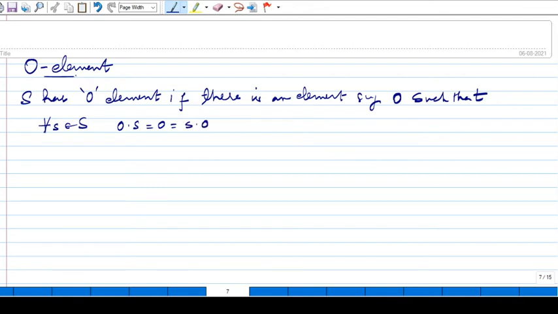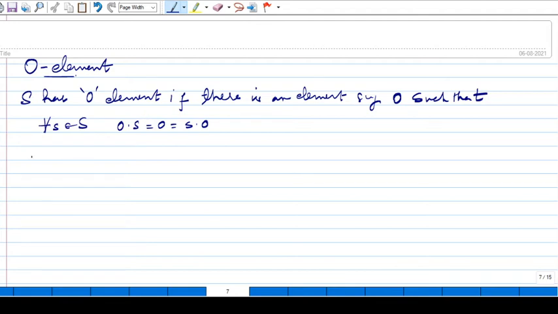In the previous case, when you multiply with an identity element, you will get back the same element. In this case, when you multiply with a 0 element, you will always get 0 only. That's the idea, right? So it nullifies the effect of any element in the semigroup.